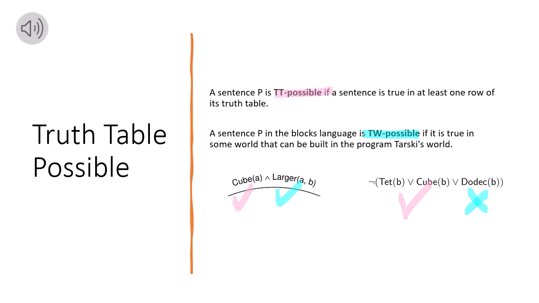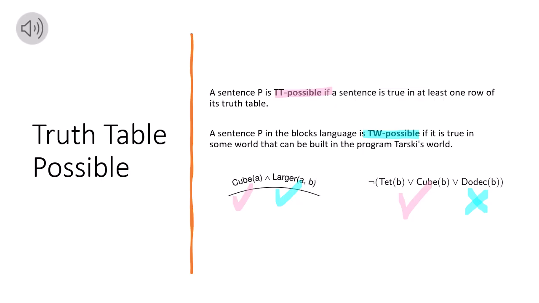So for that sentence, I put a little pink check mark there to indicate that it's truth table possible. On the other hand, as I said in the previous slide, you could construct a world in Tarski's world where A is a cube and A is larger than whatever B names. And so this would also be TW possible. So I put a little check there as well.